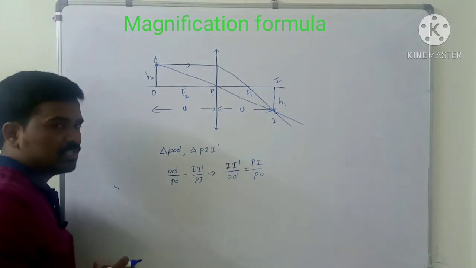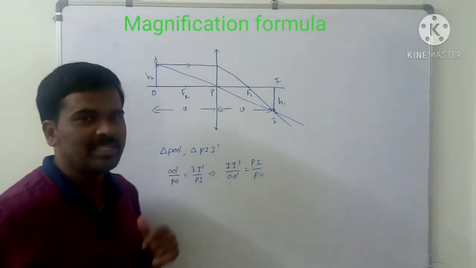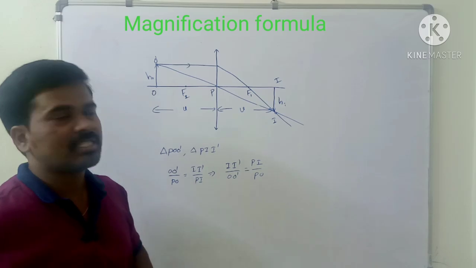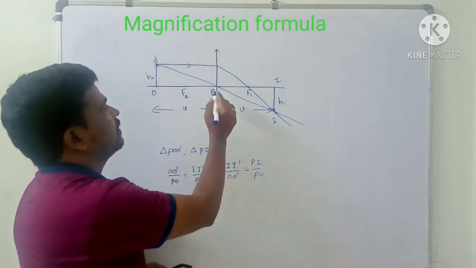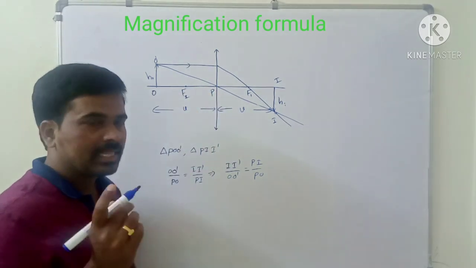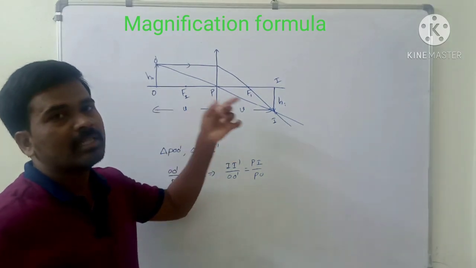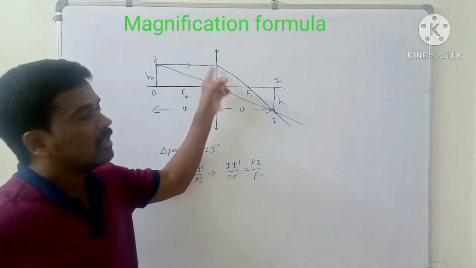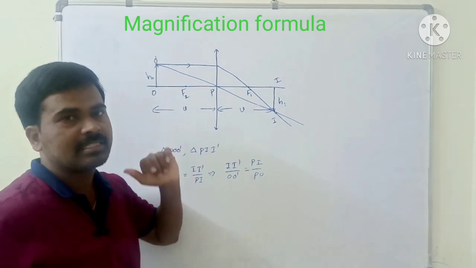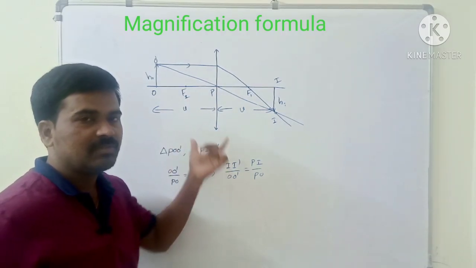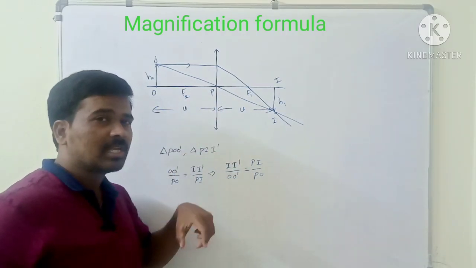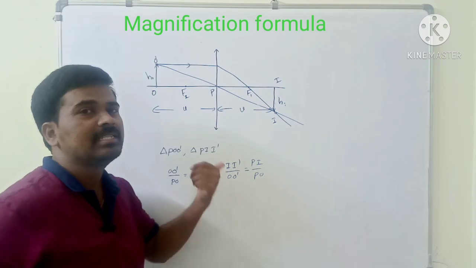By the sign convention rule, every distance must be measured from the pole P only. The distances along the light ray direction are taken as positive. The distances measured opposite to the light ray direction are taken as negative.